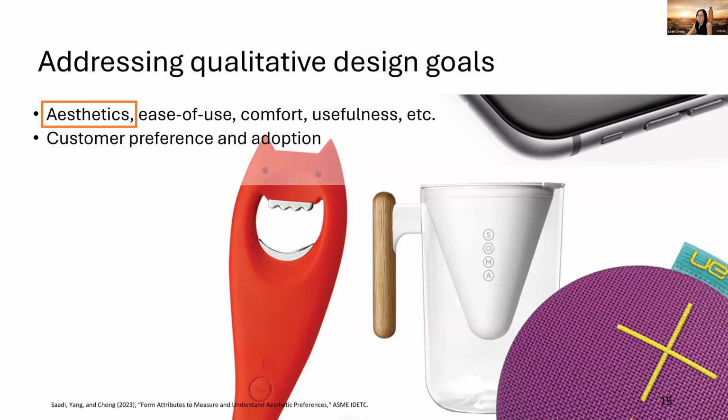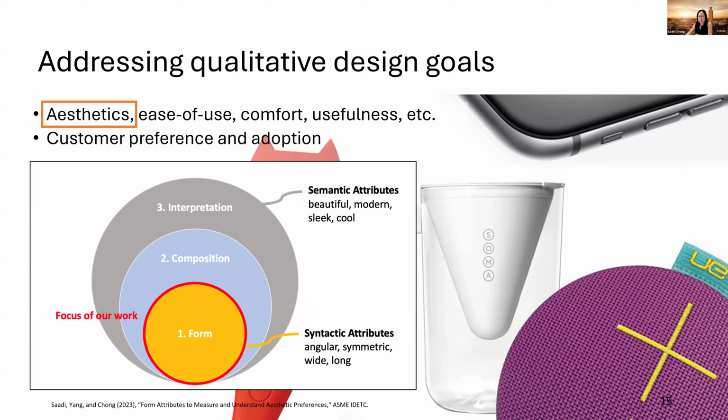So my previous research has mainly focused on the aesthetics aspect of meeting qualitative design goals with AI. So this is a proposed plot of how aesthetics is described in literature. At a very lower level, it talks about the form of the design.